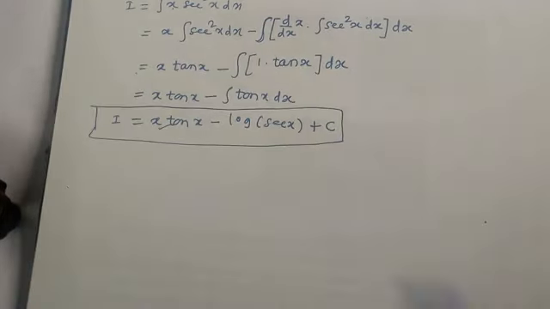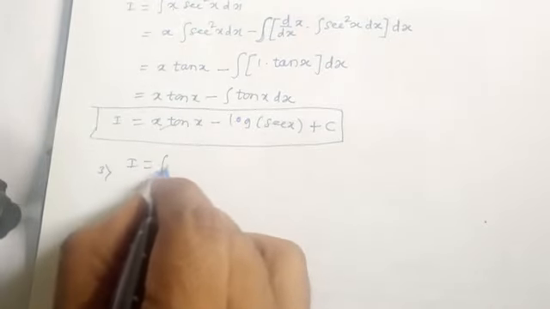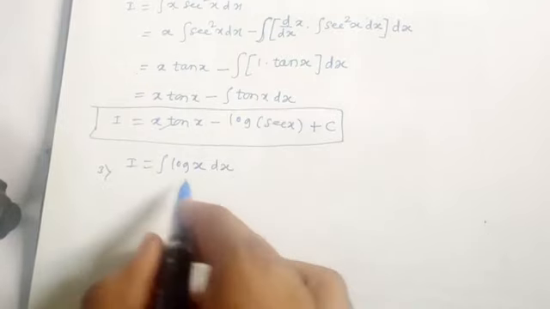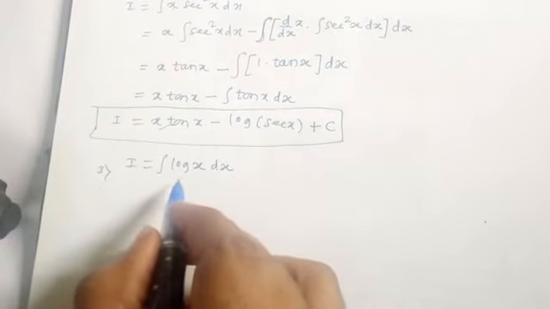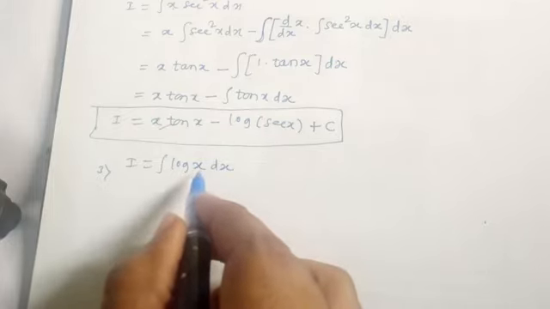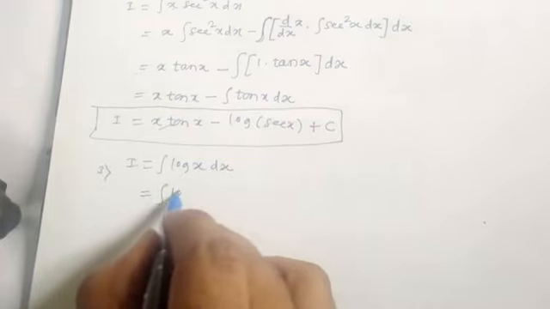Now our next example is I equal to the integration of log x dx. Here you can see only one term is present, that is log x, and no other term multiplies it.